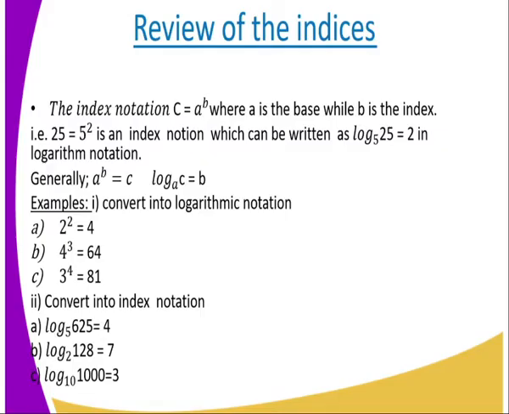You can see 5 is the base and 2 is the index. It has been raised to 2, which can be written as log 5 25 is equals to 2. And that is what we refer to as logarithmic notation.